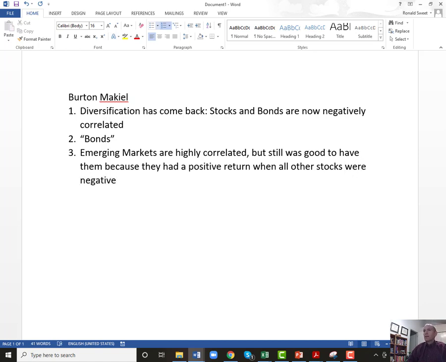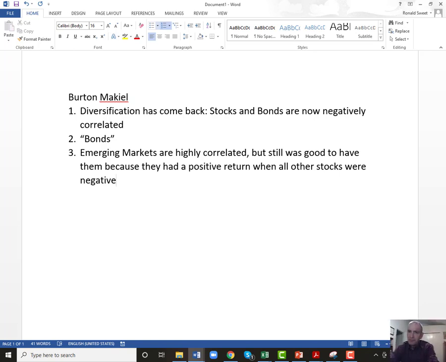So he says, okay, it might not have reduced your standard deviation much. They might have moved very much in line with, especially, other international stocks. But emerging market stocks over that time, while they had the same pattern in volatility, high correlations, at the end of it all, they were up 10% when everything else was down. And so that's his other point that he makes.